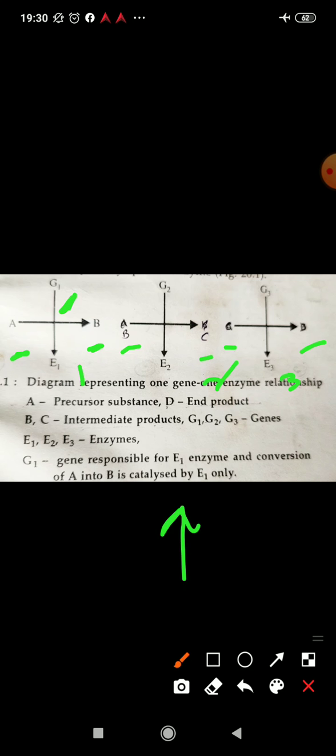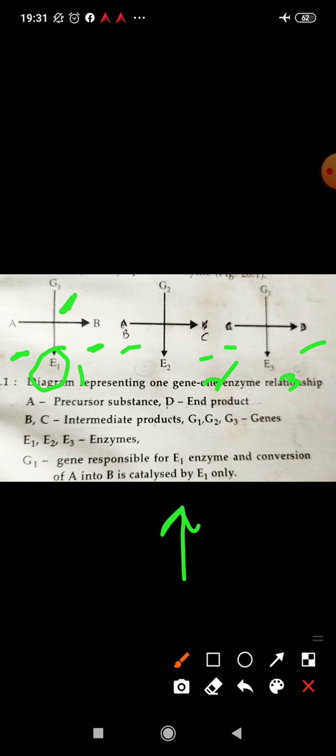This gene 1 becomes active and produces an enzyme named E1. Substance A will be converted into B when the G1 gene produces the E1 enzyme. This is the first step.